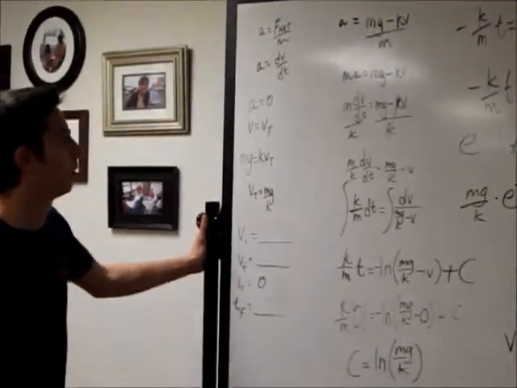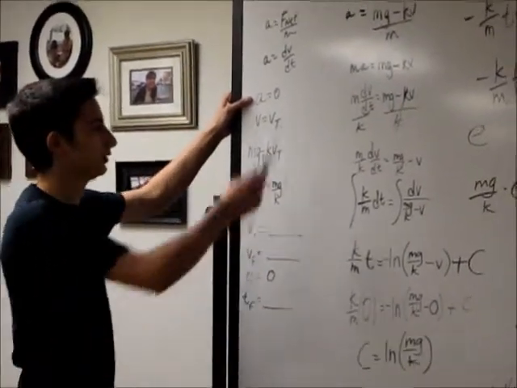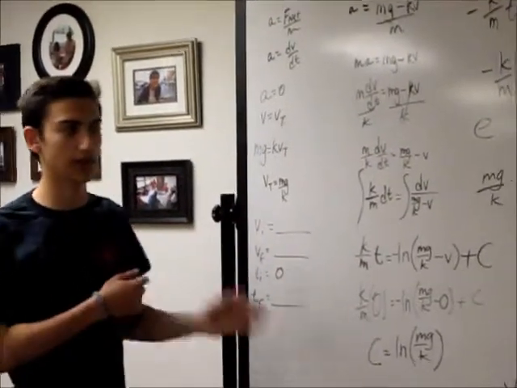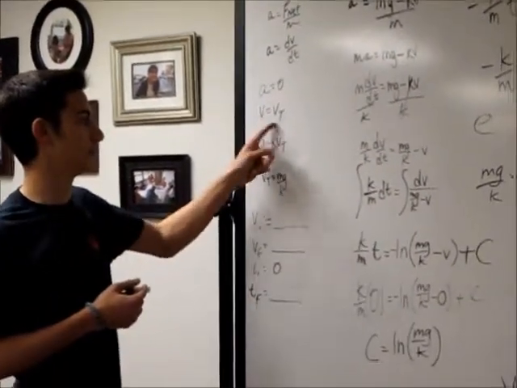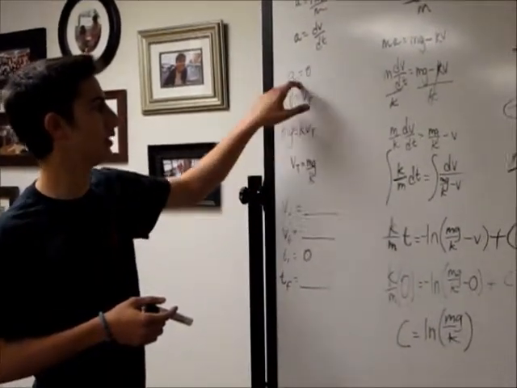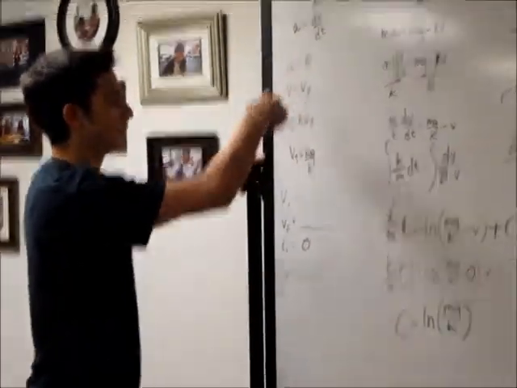Next, we know that in a terminal velocity equation, a is going to equal 0 eventually. When that happens, the velocity of the object is terminal velocity, which means mg is equal to kv_t. Because if you plug in 0 for a, you do all that algebra.